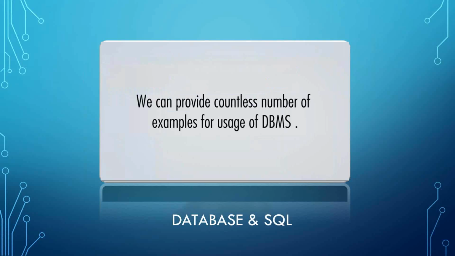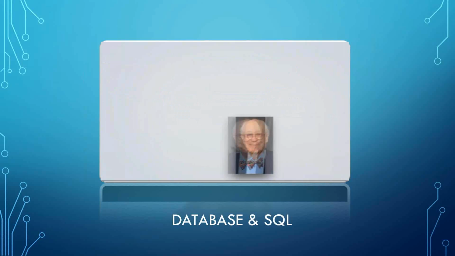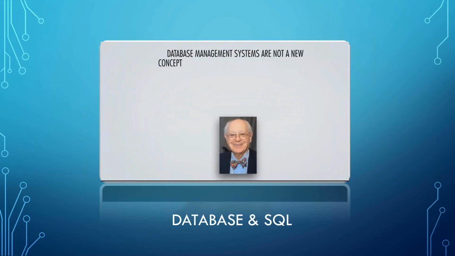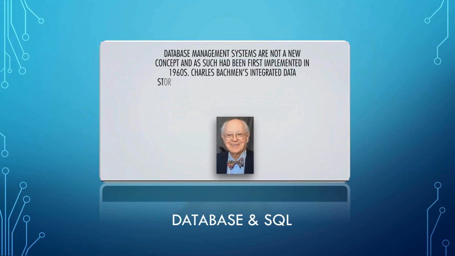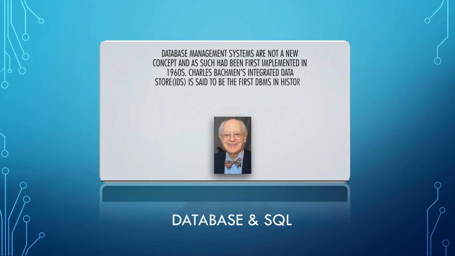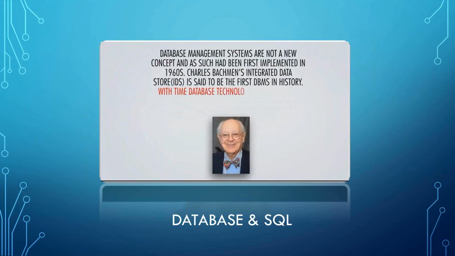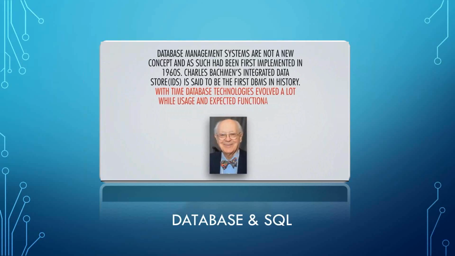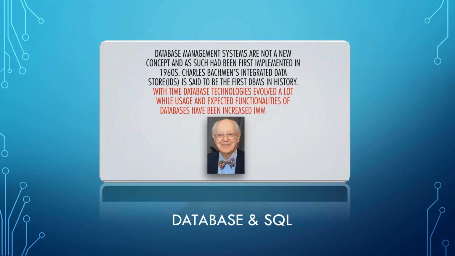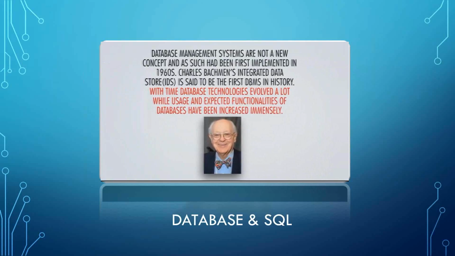We can provide countless examples for usage of DBMS. Database management systems are not a new concept, and were first implemented in the 1960s. Charles Bachman's Integrated Data Store, or IDS, is said to be the first DBMS in history. With time, database technologies evolved a lot, while usage and expected functionalities of databases have increased immensely.